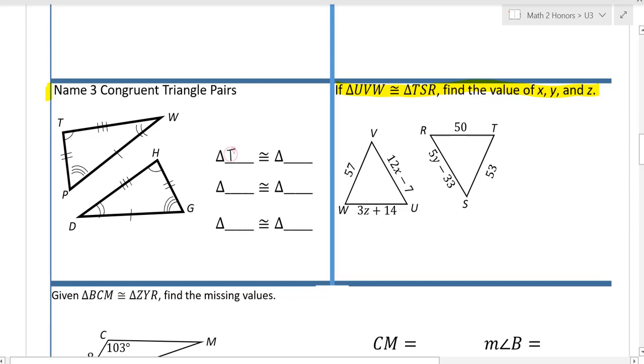I can name it TWP. I can name it TPW. I can name it WPT. There's actually 6 different ways to name that first triangle. But once you name that first triangle, then it matters how you name the second triangle, right? It has to correspond.